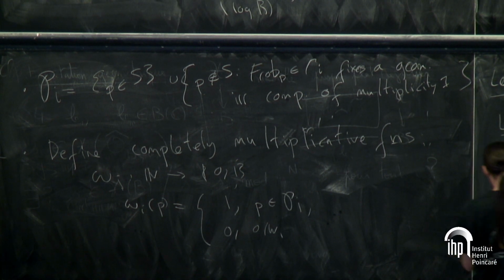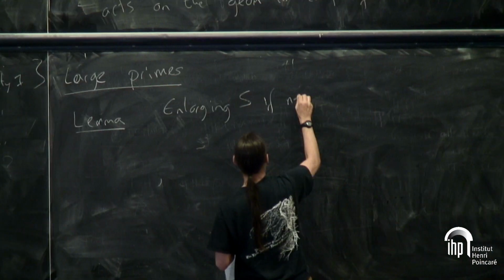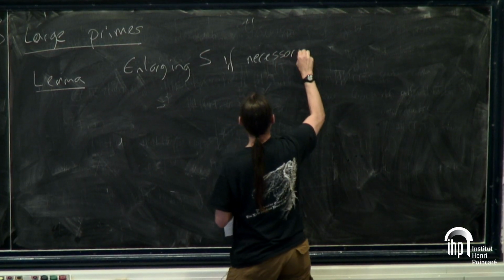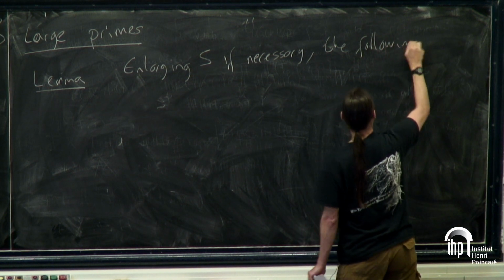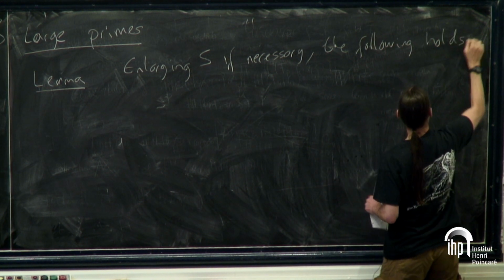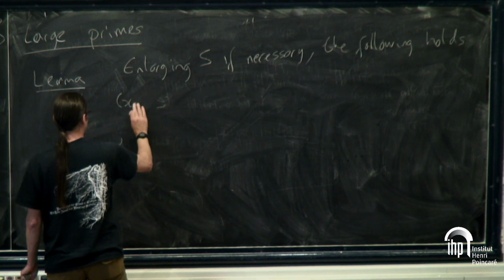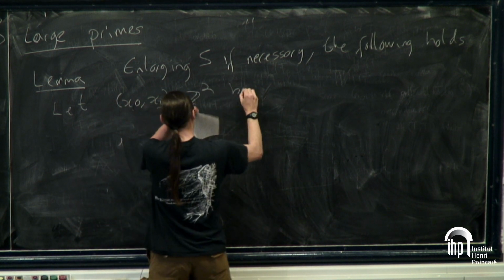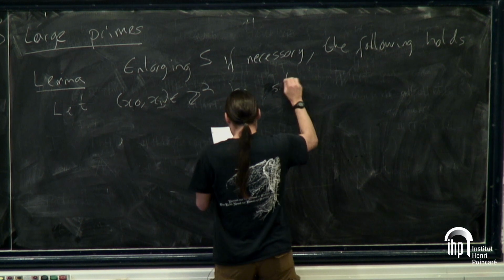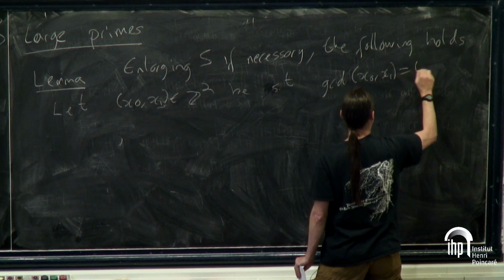So the lemma here is as follows. After enlarging S if necessary, the following holds. Let (x0, x1) in Z squared be a primitive integer vector.